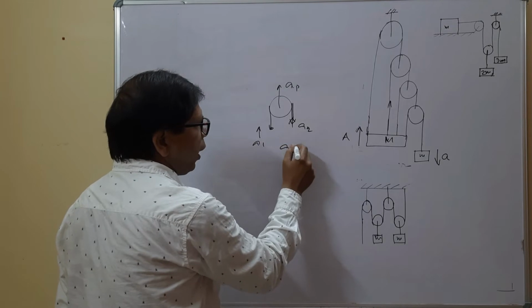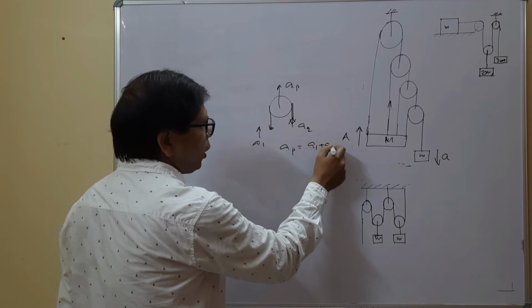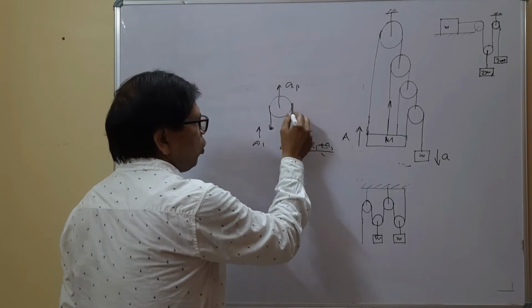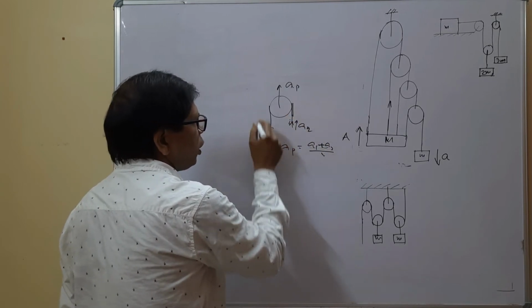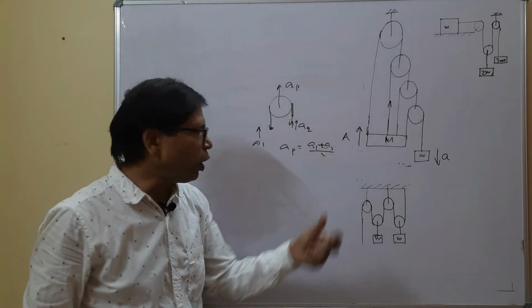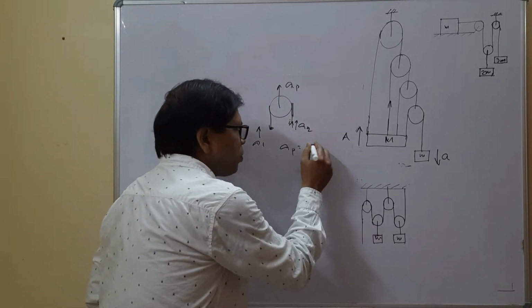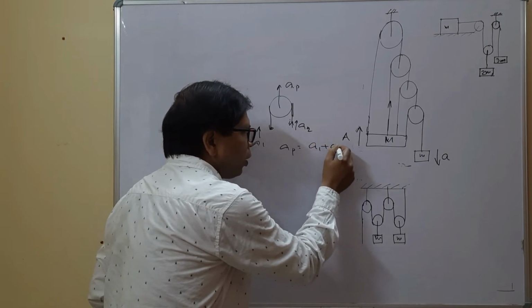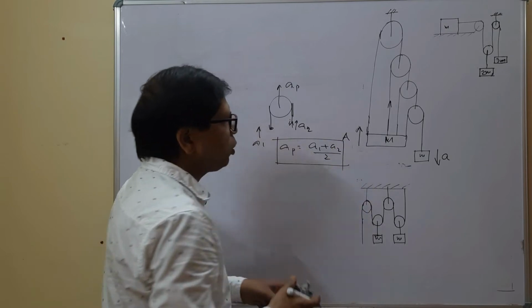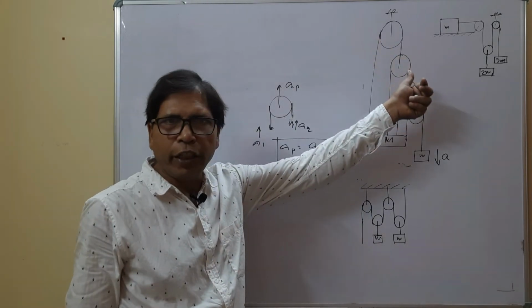So AP equals (a1 plus a2) by 2, and it is a vector relation. This moves upward, this moves upward, so the acceleration of the pulley becomes (a1 plus a2) by 2. This formula helps us to find the constraint relation here.